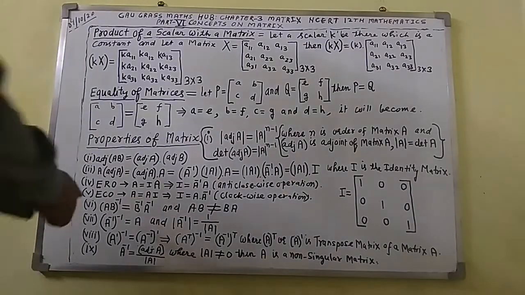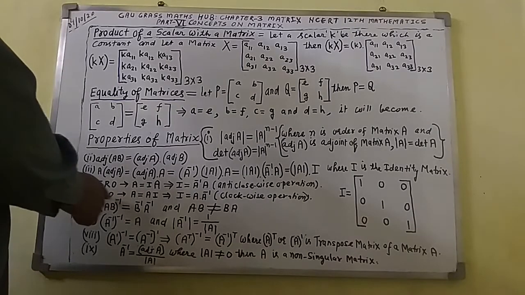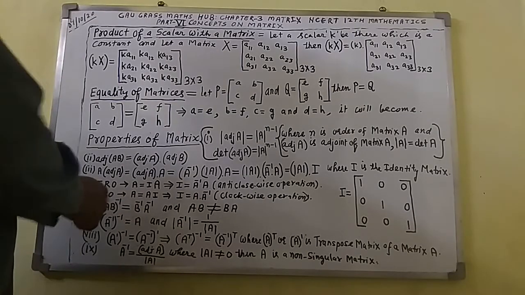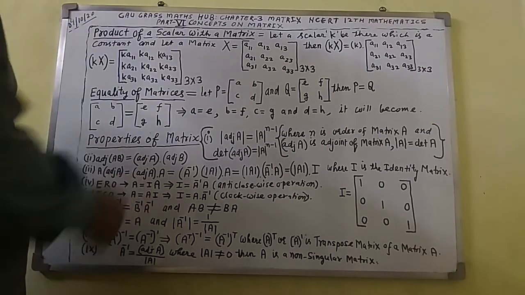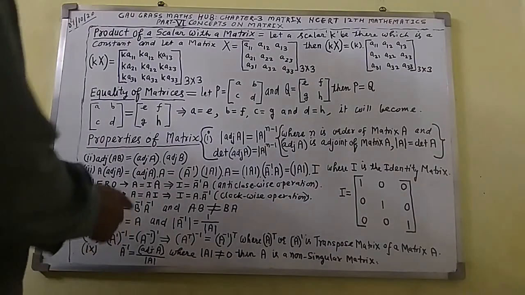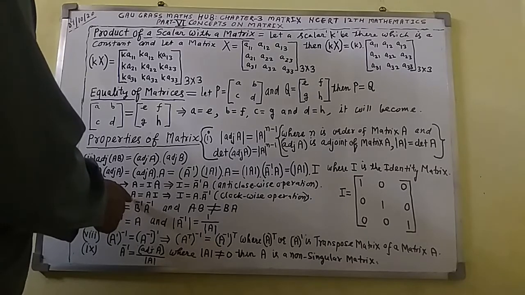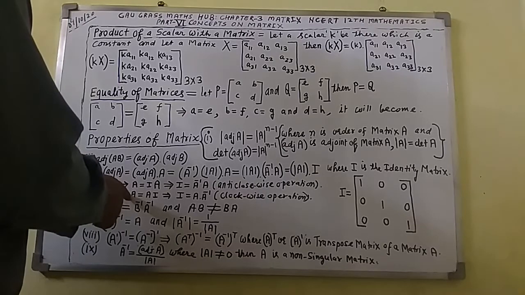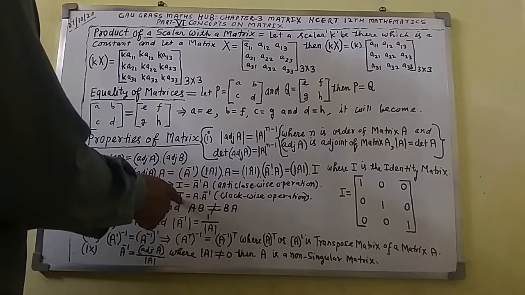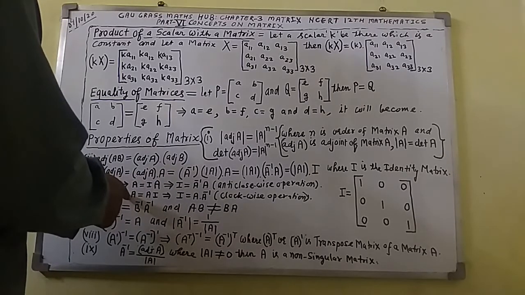Next point is ECO. Elementary column operation goes to A equal to AI. Here A is the given matrix. The given matrix A will be converted into the identity matrix of the same order as the given matrix.